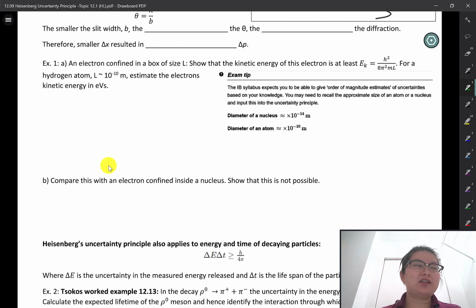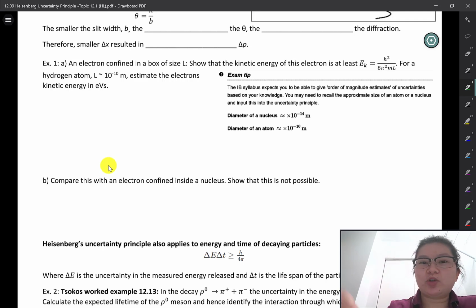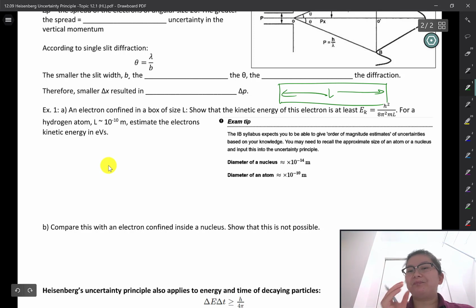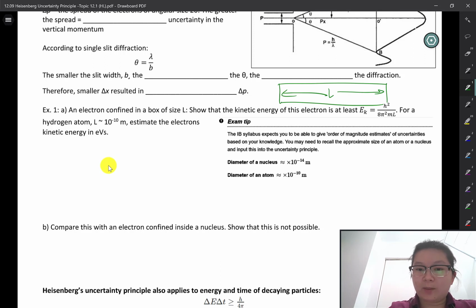Essentially, the purpose of this is to show how an electron confined inside a box of size L is how we model an electron confined in an atom. We can compare that with a nucleus versus an atom.